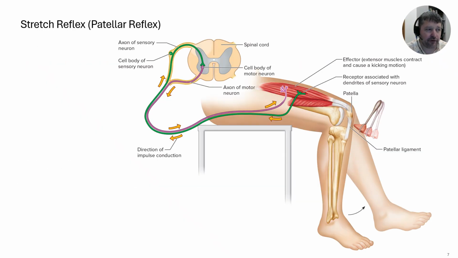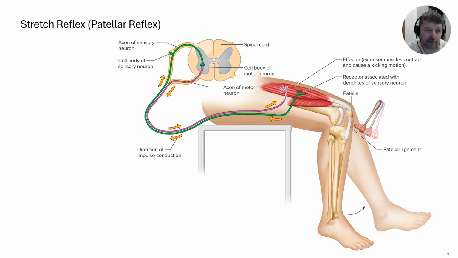Okay, so let's look at the patellar. So you have the patellar tendon, or ligament, sorry, and when you hit that ligament, that will send a receptor to associate that there's stretch going on.